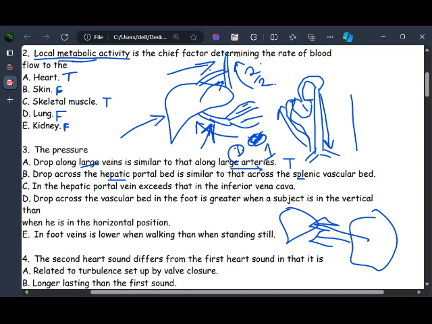So that is true, because blood flows from the hepatic portal vein into the liver, and then towards the inferior vena cava, which has much lower blood pressure. I hope that is clear so far. So that is true.